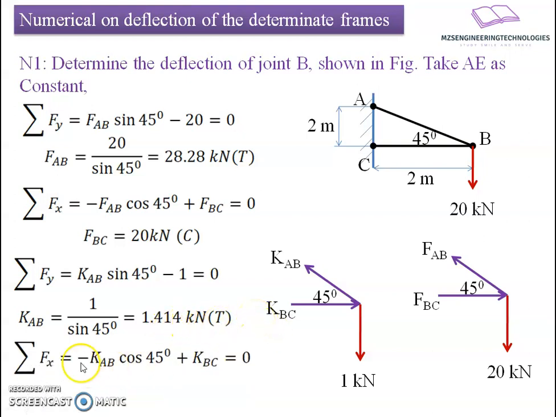Summation of forces in x direction equals 0 gives minus Kab cos 45 plus Kbc, moving towards the right, resulting in Kbc as 1 kilonewton.